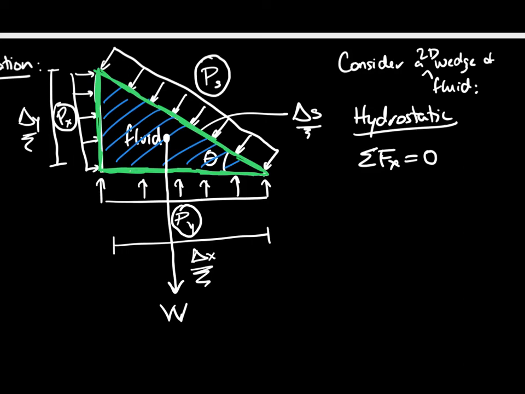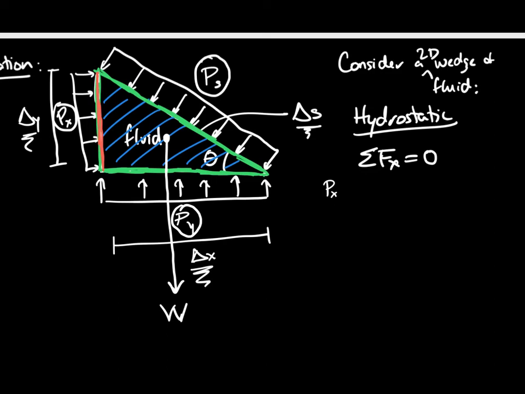I don't have to worry about the weight or the Py because these things are acting in the vertical. Instead, I've got pressure in the x direction, and it is acting on this face. Let's work on these faces one at a time. Here's red, acting on that red face.